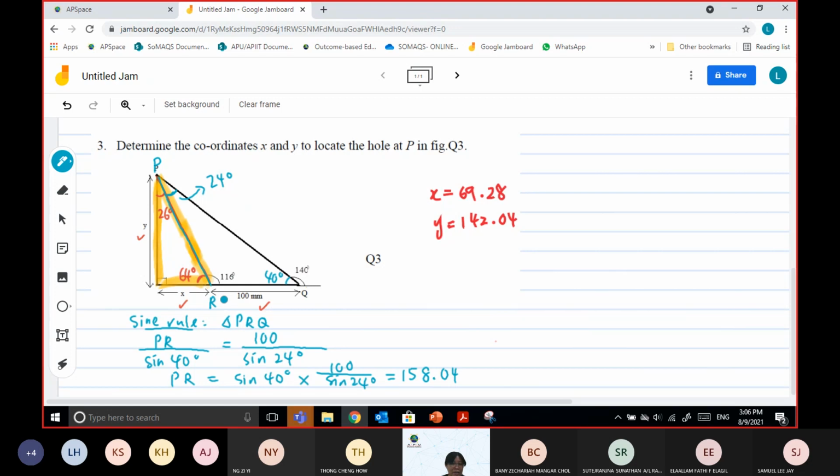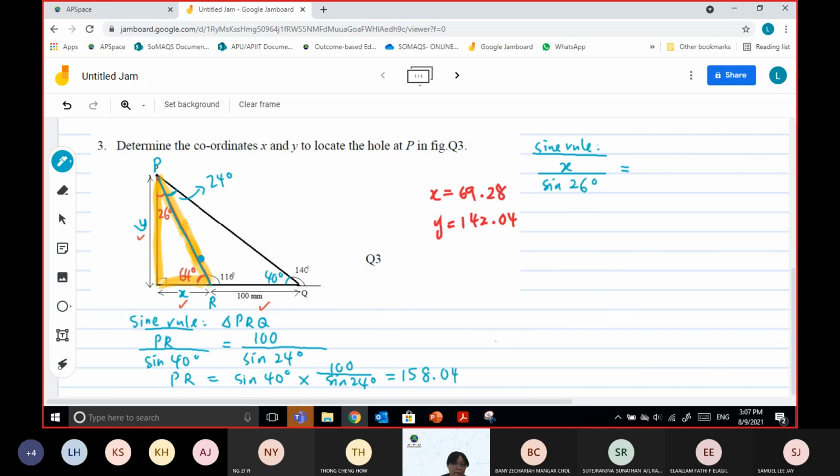Once I get the length of PR, I can proceed to use the sine rule to find x and also y. The x is here and the y is here. Next part, I'm still using the sine rule. Let's find x first. For x, the corresponding angle is 26, so sine 26.